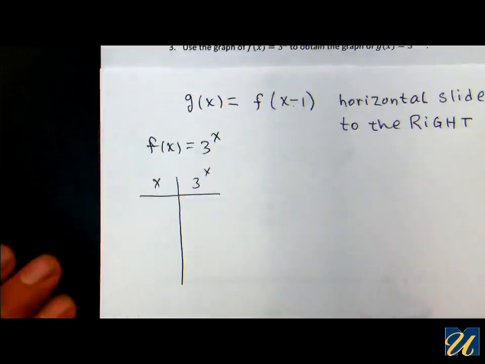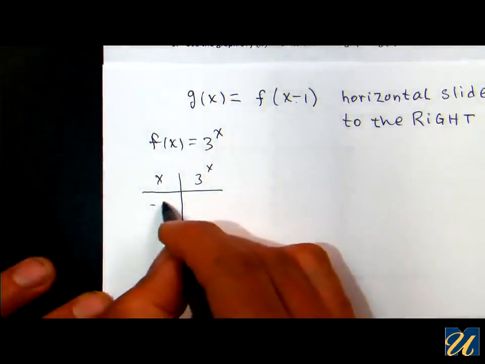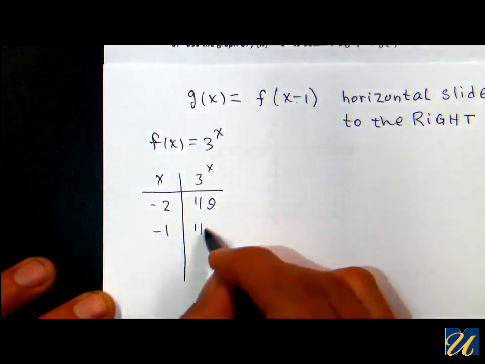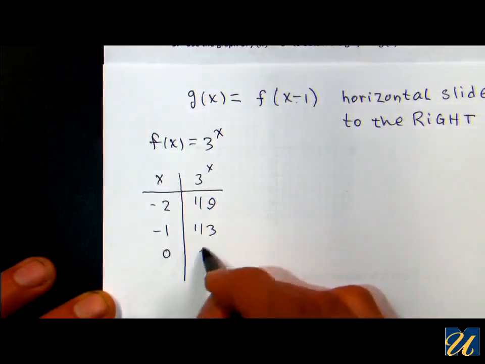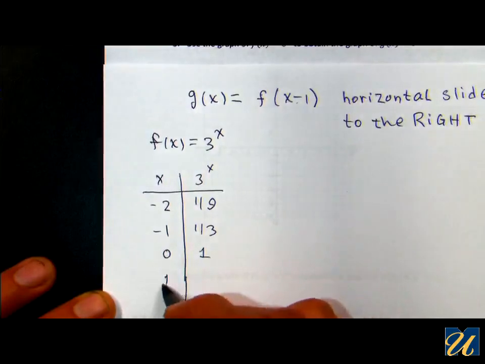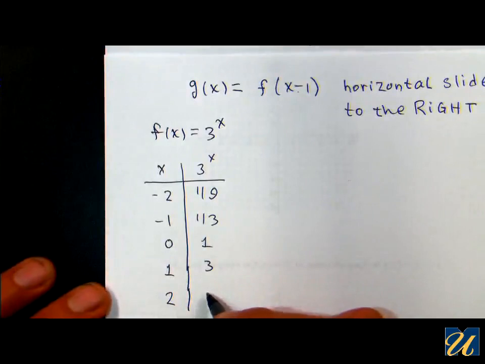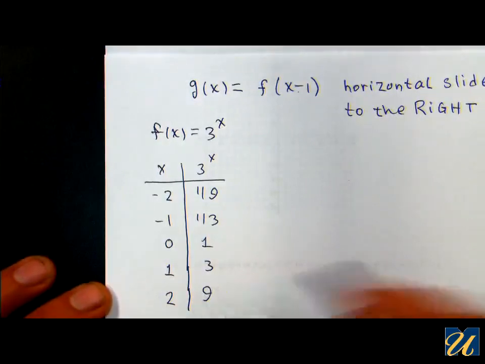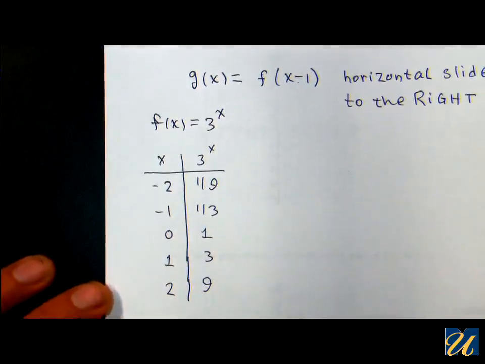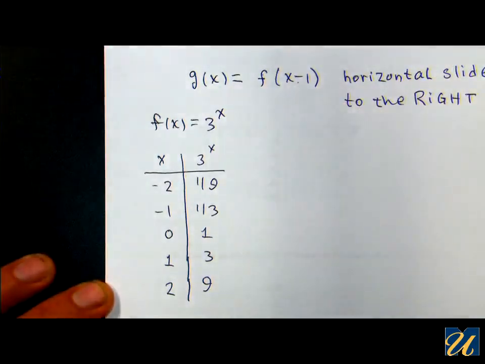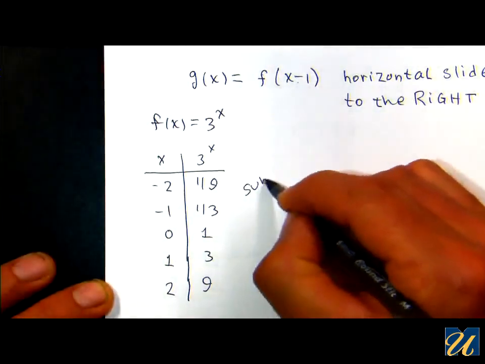Okay, now we already have this table of values, so I'll do this very quickly. Negative 2 is 1/9, negative 1 is 1/3, 0 is 1, 1 is 3, and 2 is 9. Okay. Now, to get the function f of x minus 1, which is our g of x function, you have to subtract 1 from each x coordinate.